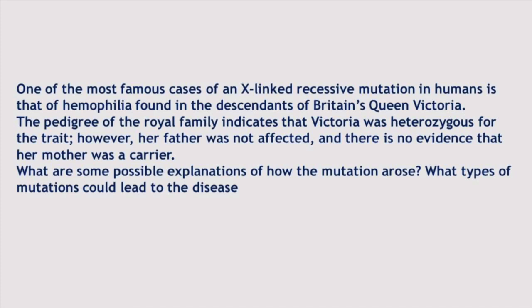The pedigree analysis of the royal family indicates that Victoria was heterozygous for that trait. However, her father was not affected, her father did not give her this gene, and there is no evidence that her mother was a carrier. So Queen Victoria did not get this gene from her father, nor was her mother carrying this gene.